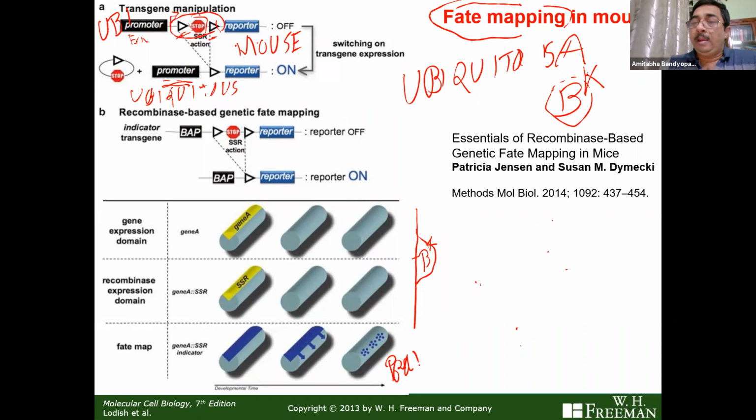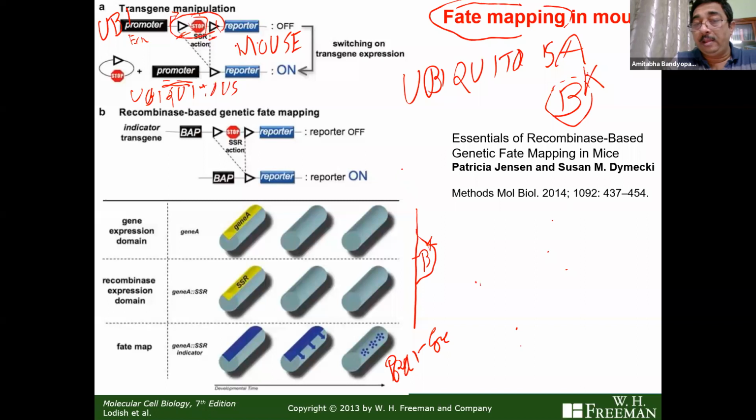Now, if you use a Cre that is called PRX1 Cre, then when you cross the PRX1 Cre mouse with the reporter mouse, then the reporter will not be expressed.